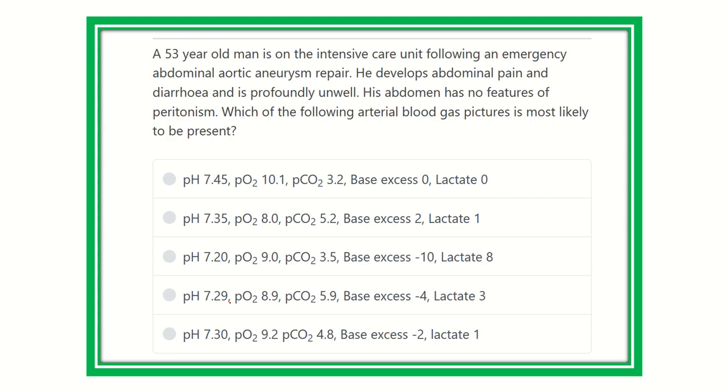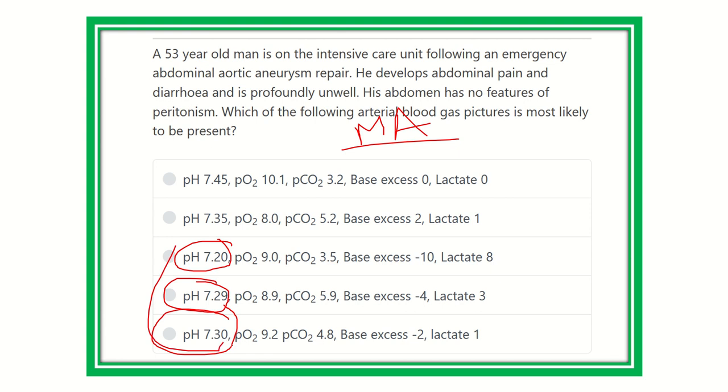So now see in this question, as it is metabolic acidosis, first of all the pH is reduced, and we can see the pH reduced in these three options. So our answer is within these three.